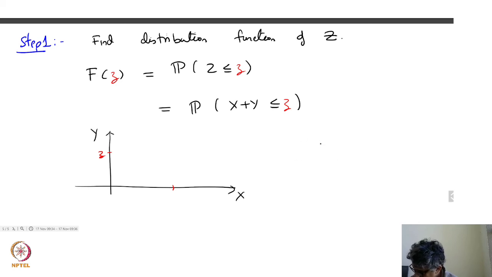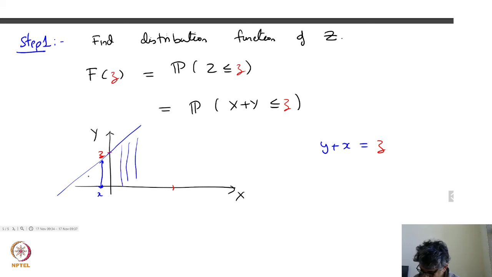The line x plus y equal to z starts up here and then comes down like this. X can go anywhere you want, and for any point x, y will go from here till this line. That's the region where x plus y is less than or equal to z.